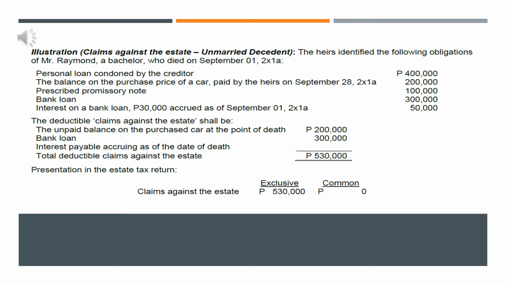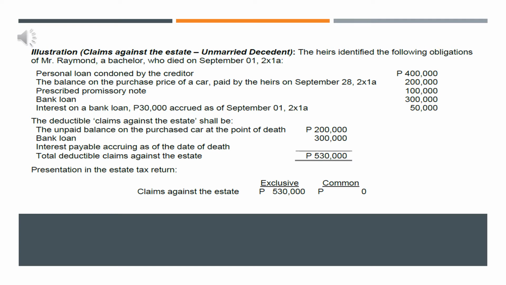Okay? So magiging ordinary deduction siya on the exclusive property of the decedent. Bakit? Kasi nga, di ba, we have this matching principle. If ever ang property is exclusive property, so dapat yung deduction niya must be also in the exclusive property. If it is on the common property, dapat yung deduction is also mapupunta doon sa common property.